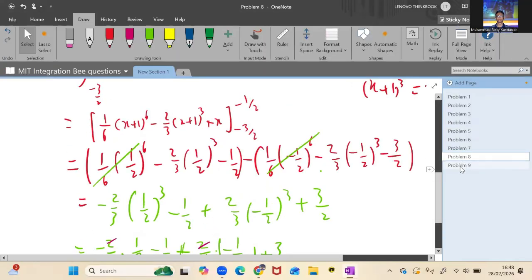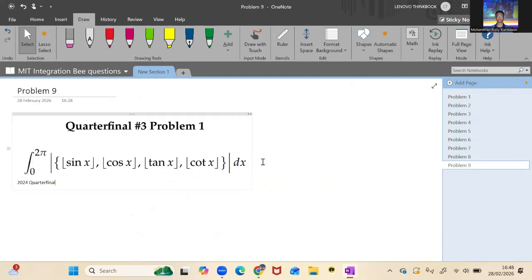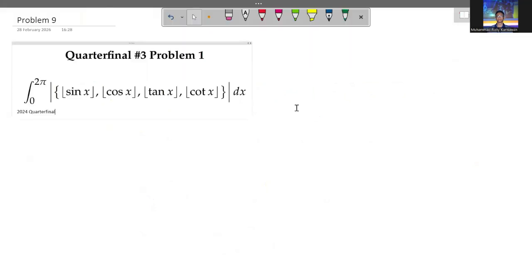And then the next integral that we're going to solve is this one. So now we have a question from the 2024 quarterfinal where we have to integrate this function over 0 to 2 pi. Now, there are 3 layers of brackets here, and they all stand for different things. So let's take a look at each bracket, what they do, and try to unravel what it's actually asking.